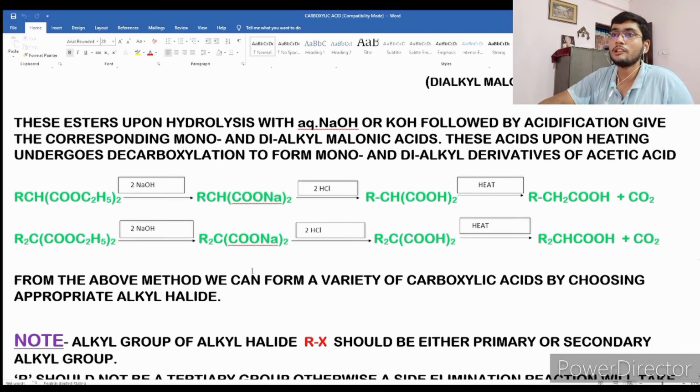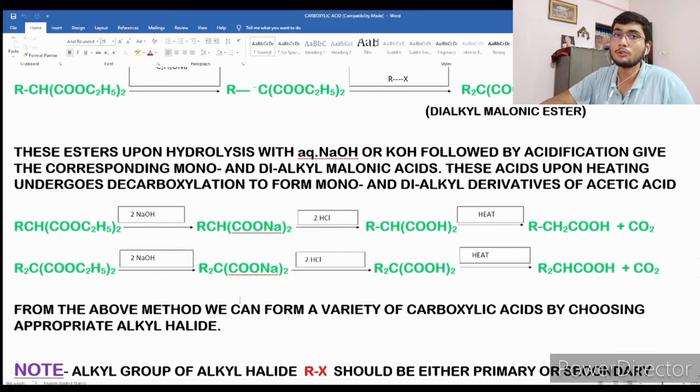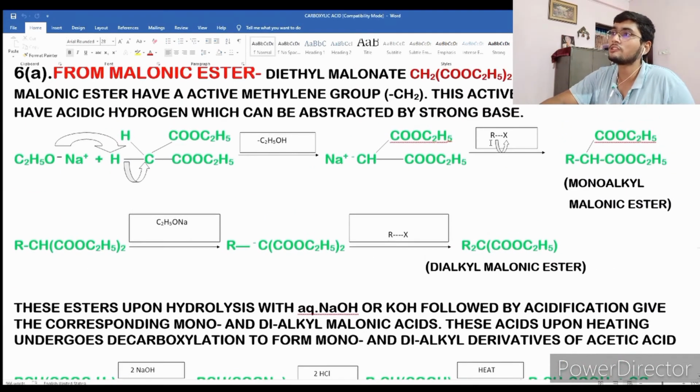That's what I have written here also, that from the above method we can form a variety of carboxylic acids by choosing appropriate alkyl halide, because the R group is from the alkyl halide only. In the previous case, when we were making monoalkyl and dialkyl malonic ester, the R group was derived from this alkyl halide only. So by choosing appropriate alkyl halide, we can make our desired carboxylic acids.